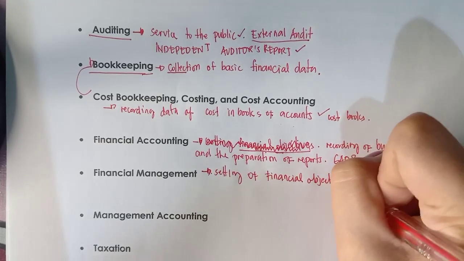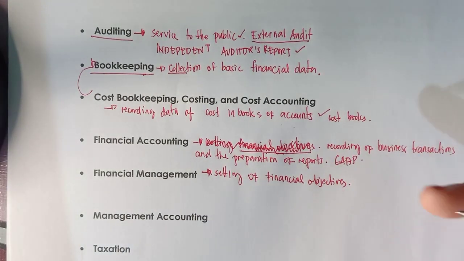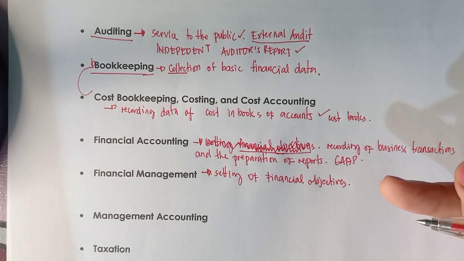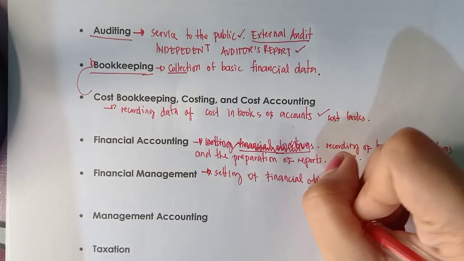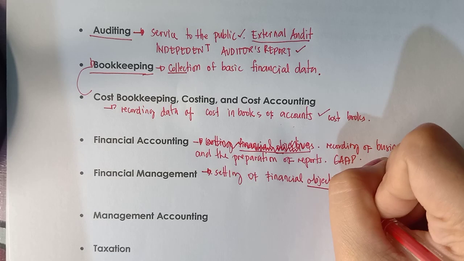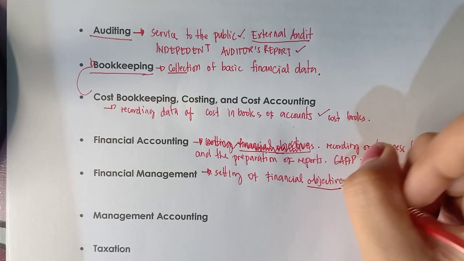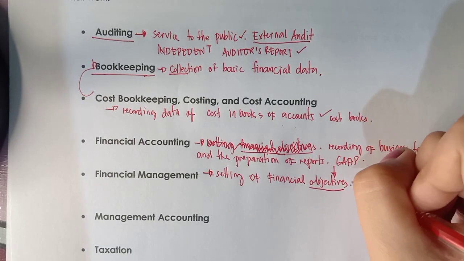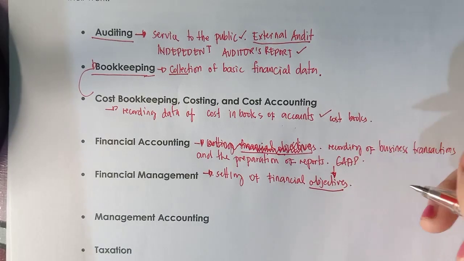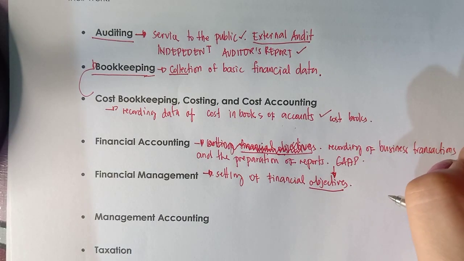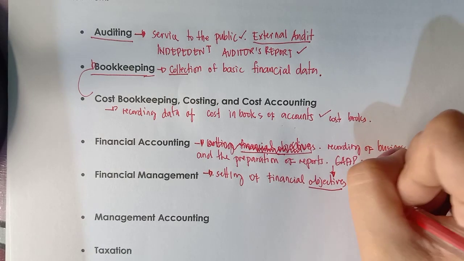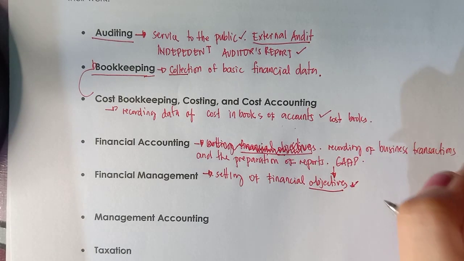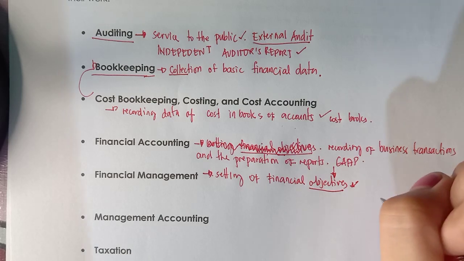So financial management, it is the setting of financial objectives, because in this financial management, managers will make plans based on those objectives, because their direction of the operations of the business is to attain the objectives na gina-target ng isang business.